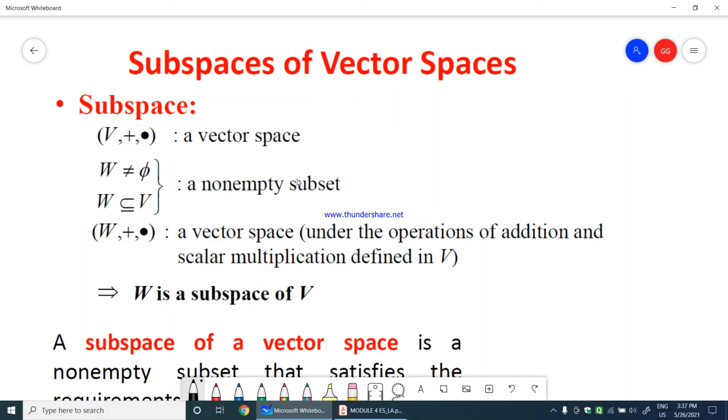So let us now look into what a subspace of a vector space is.